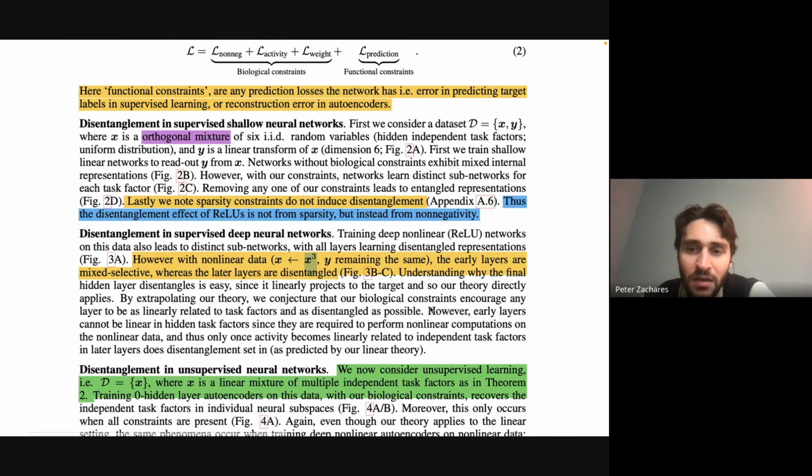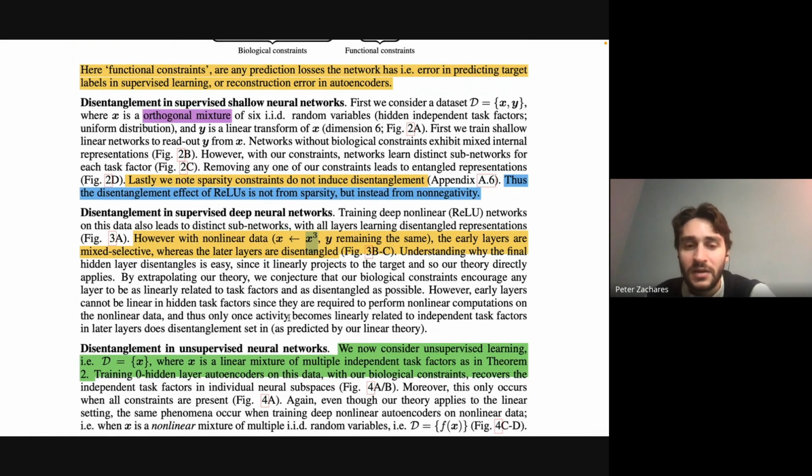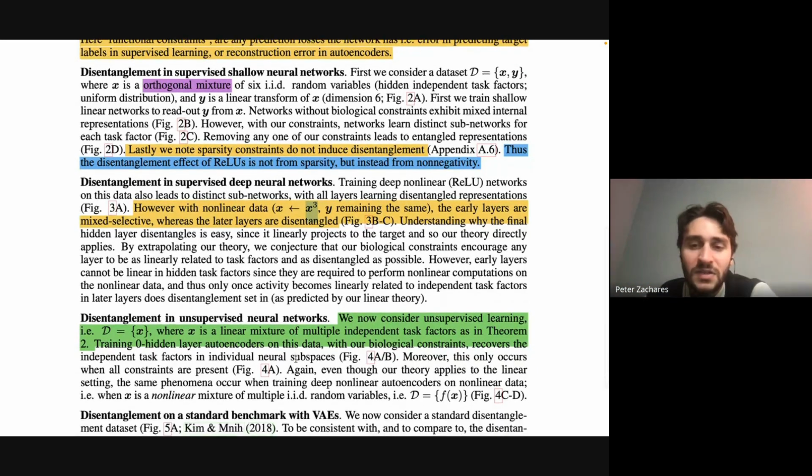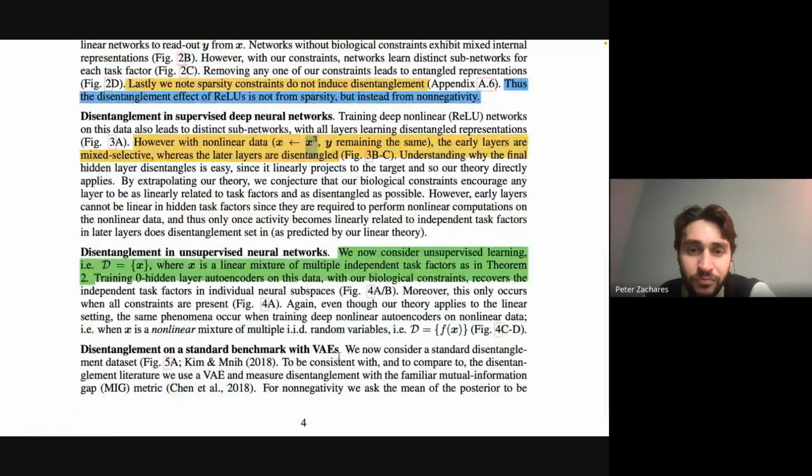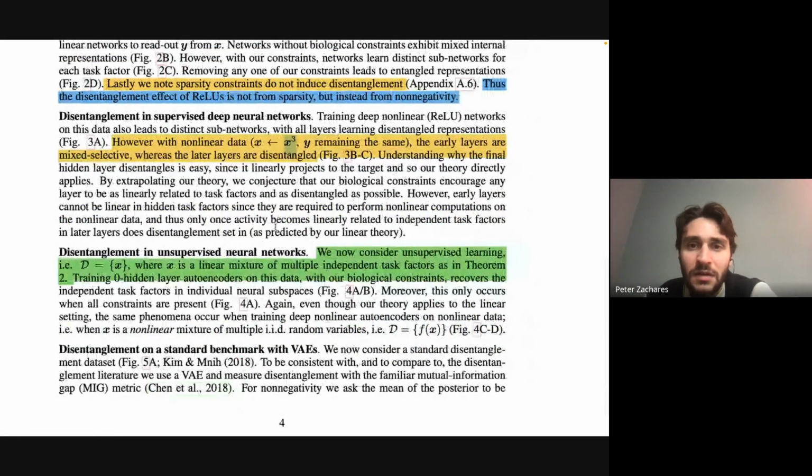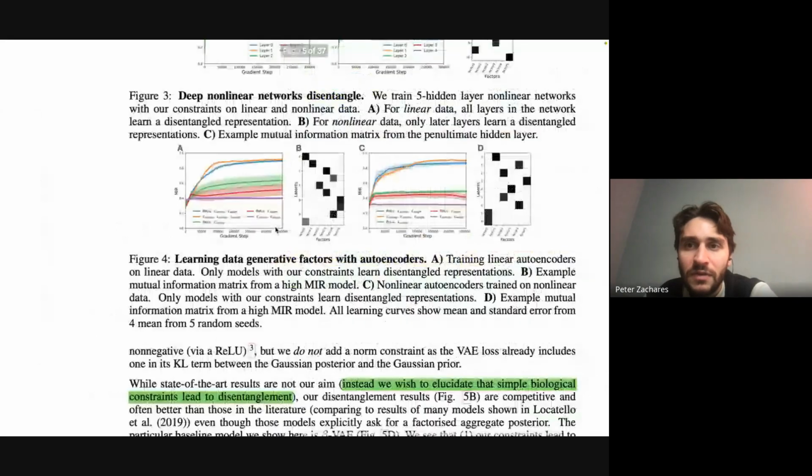They say the reason the earlier layers didn't disentangle the representation is because earlier layers cannot be linear and hidden task factors, since they are required to perform nonlinear computations on the nonlinear data. But it makes sense that the later layers are disentangled, because then you can make better decisions, like basically output the right thing. The results are right here.